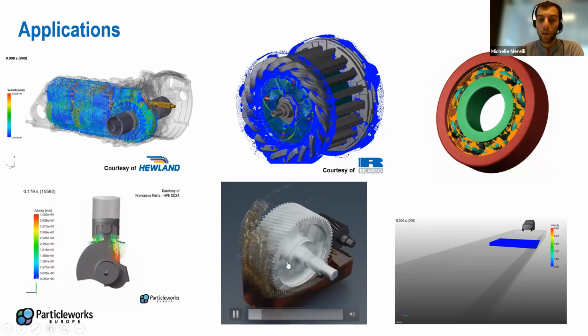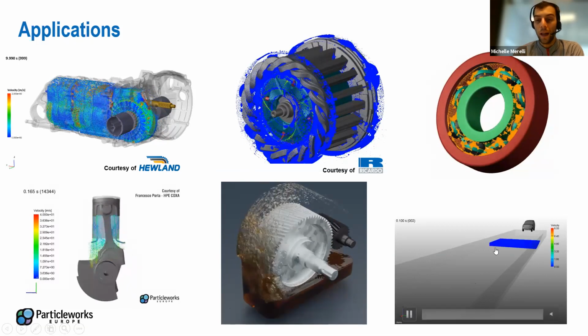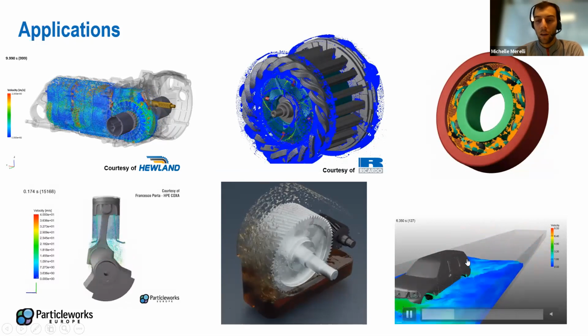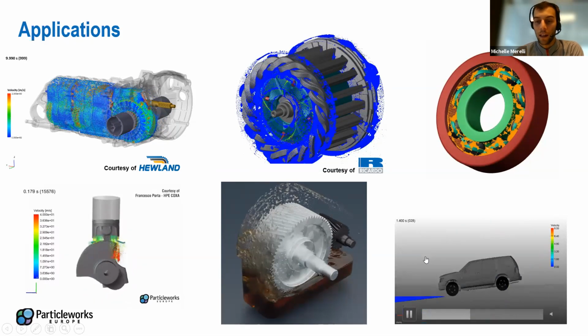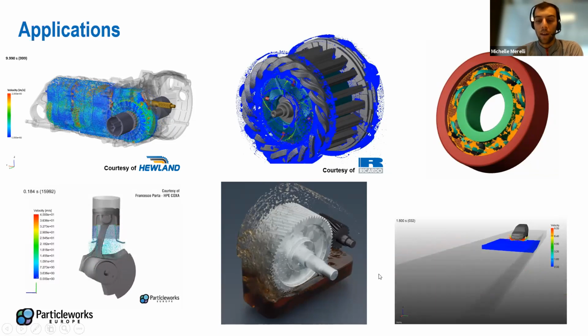Another visualization of gearbox lubrication or splashing. And also we have wading phenomena as well. So external aerodynamics and the interaction between vehicles and water, like in this case, to investigate if we have water intakes in undesired areas.